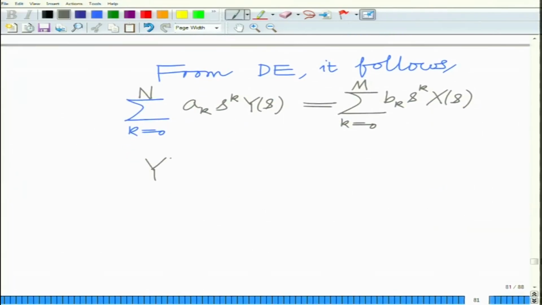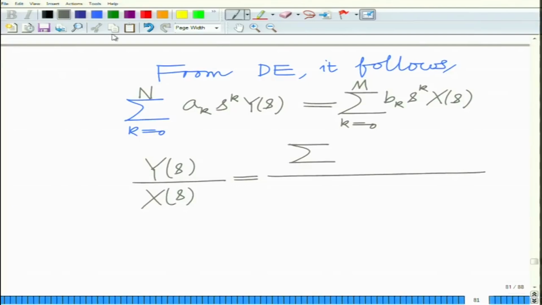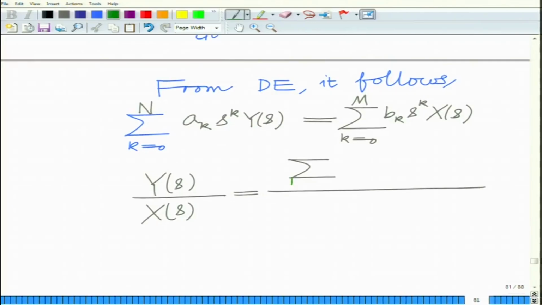Taking Y(s) common on the left and X(s) common on the right, Y(s) by X(s) is equal to the summation k equals 0 to m of b_k s^k divided by the summation k equal to 0 to n of a_k s^k, and this is a transfer function.